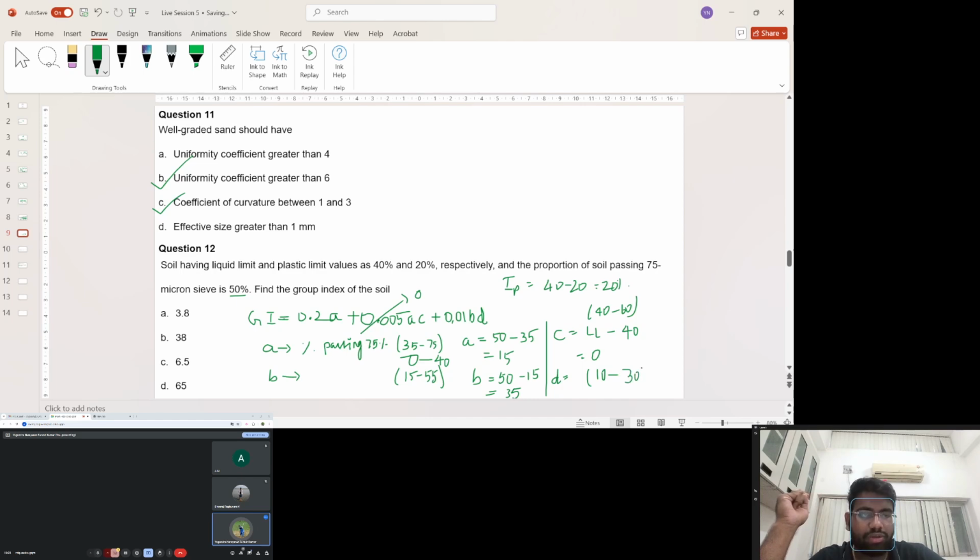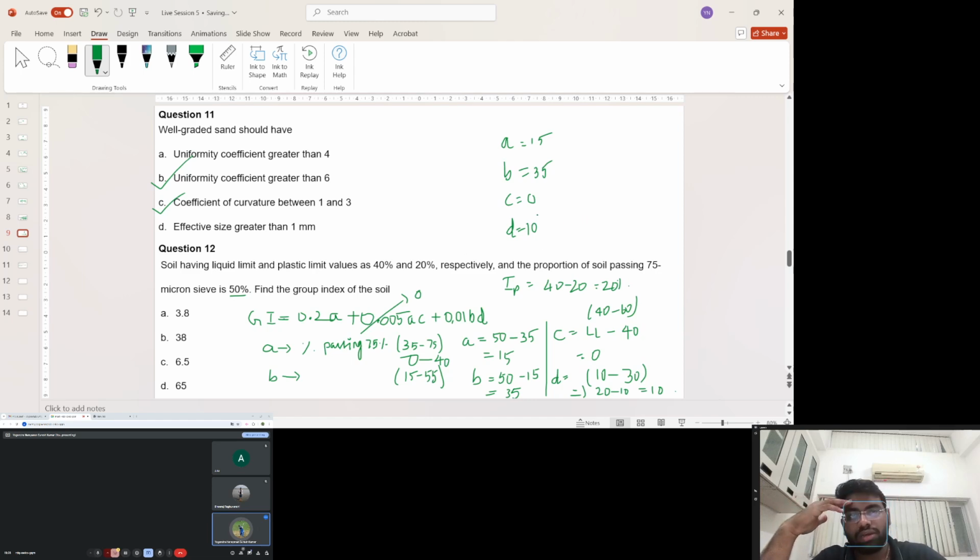So it has a numerical value of 20, and 20 minus 10 is 10. So now we have the values: a is 15, b is 35, c is 0, d is 10.